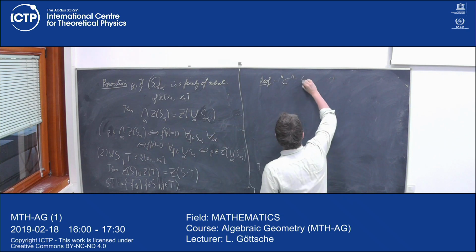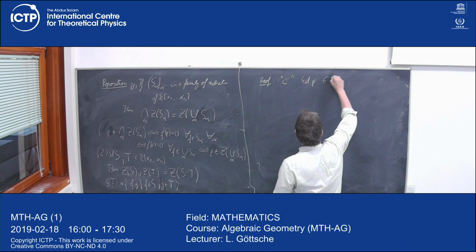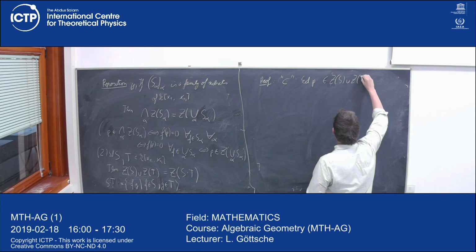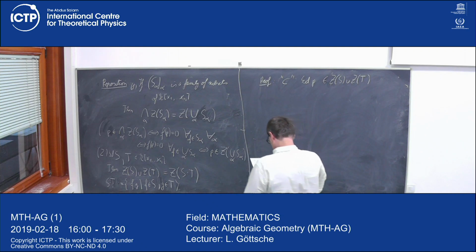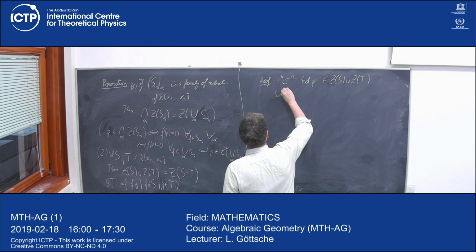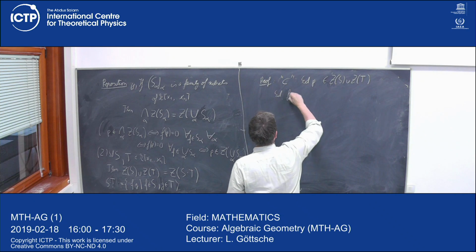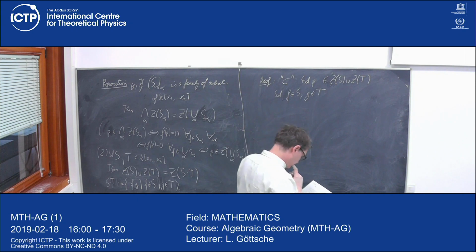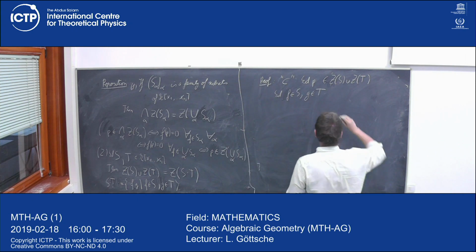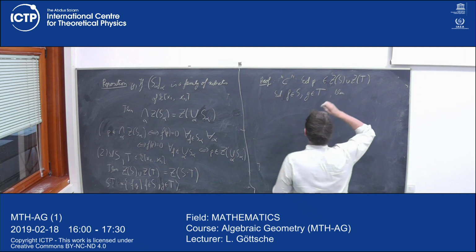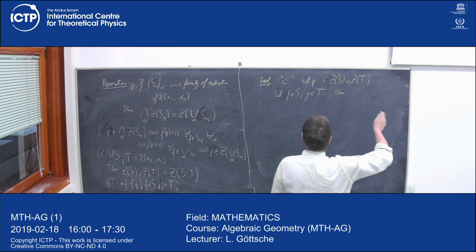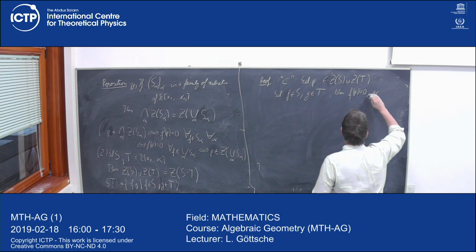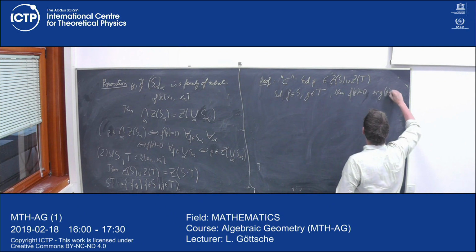Let P be in Z of S union Z of T, and let f be an element in S and g an element in T. Then it follows that f of P is equal to 0 or g of P is equal to 0.